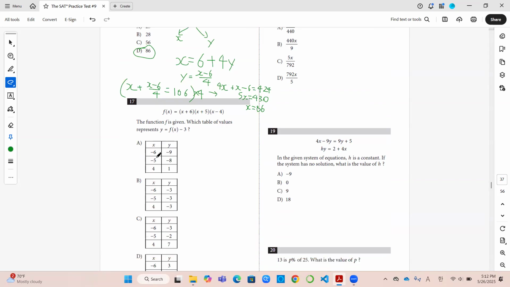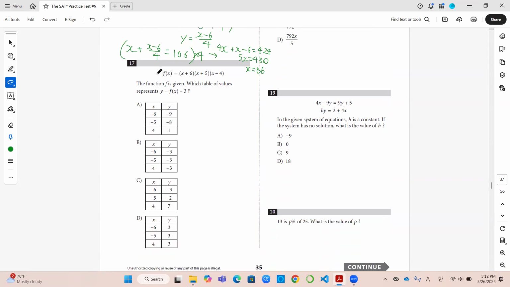All right, question 17. The function f is given. Which table of values represents y equals f of x minus 3? Here's a simple trick. I know that when x is equal to -6, or x is equal to -5, or x is equal to 4, then my f of x value is 0, right?